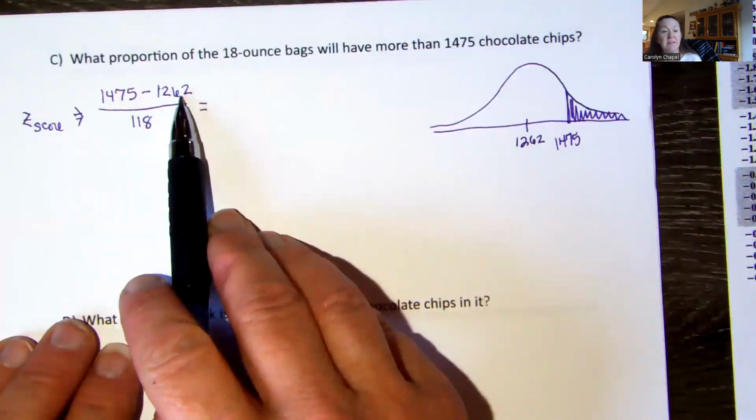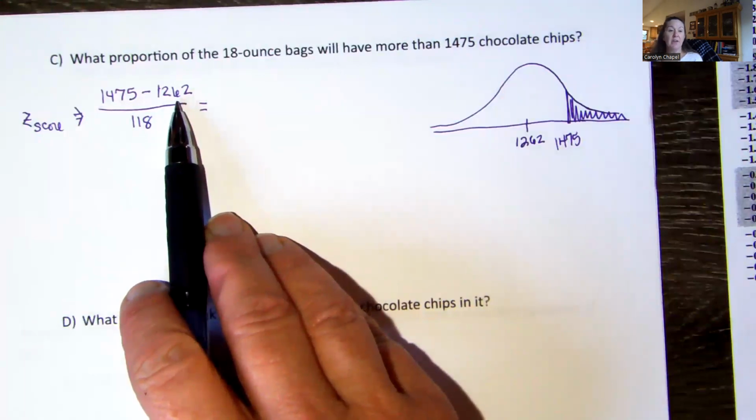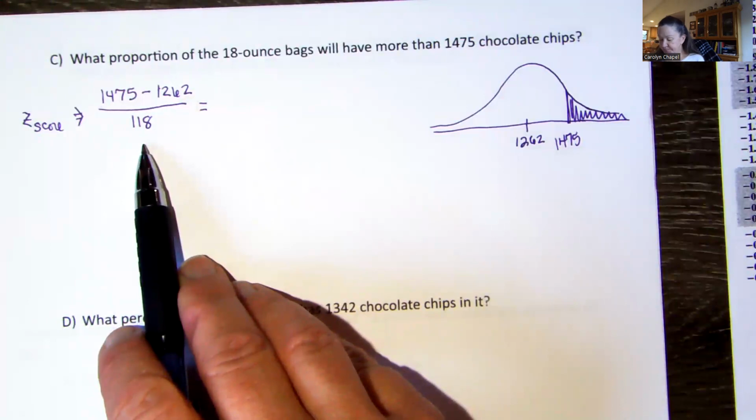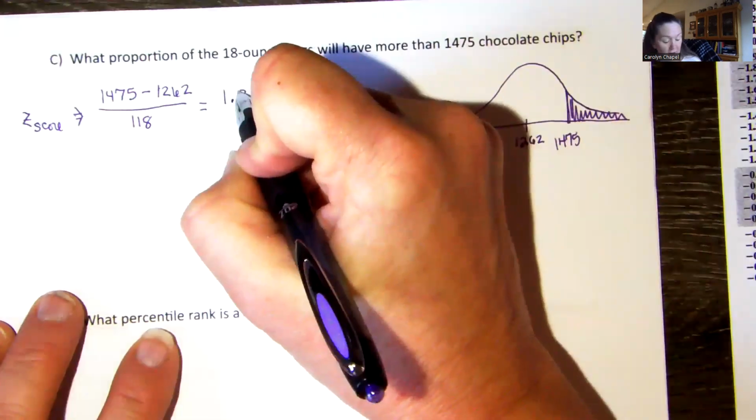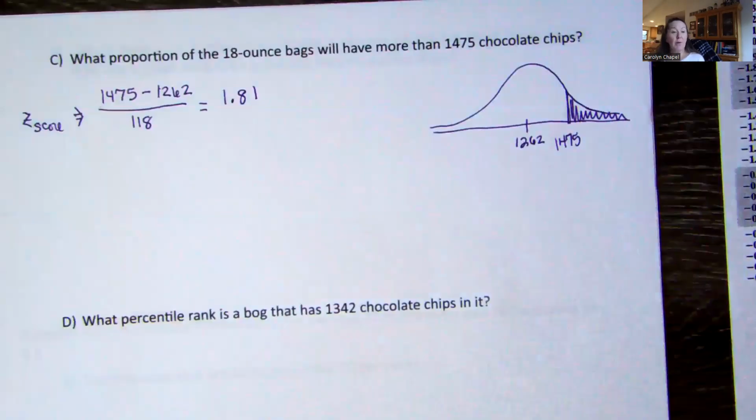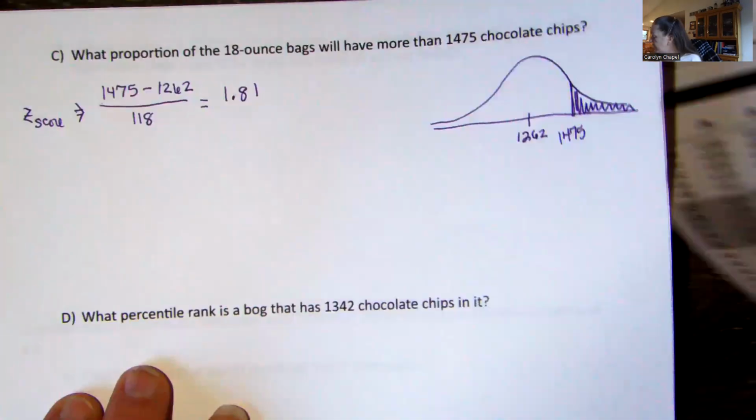I usually do my subtraction, get that value, and then take that number and divide it by the 118. So just make sure you can calculate those. So maybe practice with this video to make sure that you get the same values that we do. Also making sure you can use the table, read the numbers correctly.